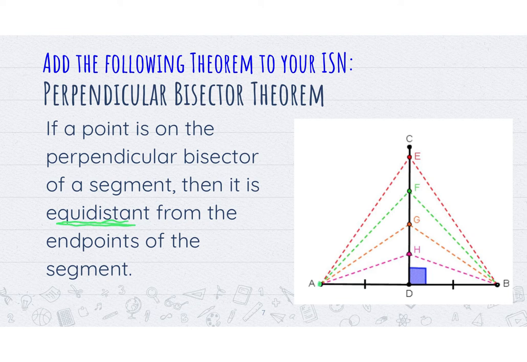So in our example, A and B are our endpoints, and any of these points on this line, any place I draw a point, or these points that exist, E, F, G, H, each one of them is exactly the same distance from A as it is from B. So I want you to get that added to your notes, that definition, and draw that example. You might want to put the tick marks to remind you what equidistant means. It means that those segments are the same size. If you need to pause the video, do it, and then I will see you at the next slide.